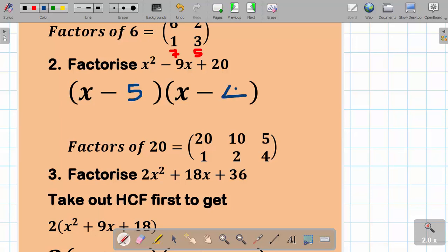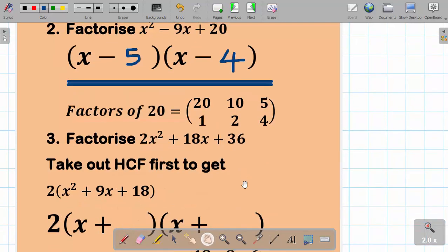That's my answer. So when I factorize x squared minus 9x plus 20, my answer becomes x minus 5 into x minus 4. Okay, you deserve another example, don't you? Let us check it out.